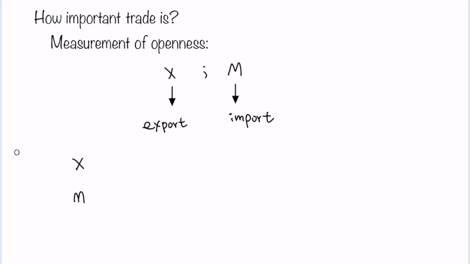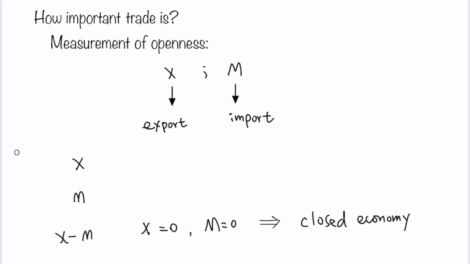So how about net exports, which is exports minus imports? Well, let's take a look at an example. If an economy is not involved in any international economic activities, then its exports equal 0 and imports equal 0, so for sure it is a closed economy and exports minus imports would be 0.